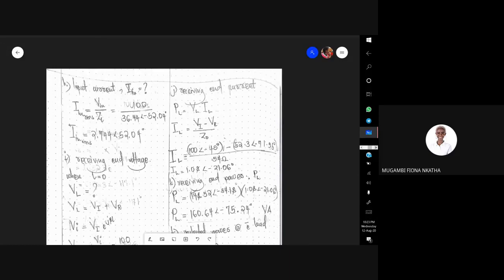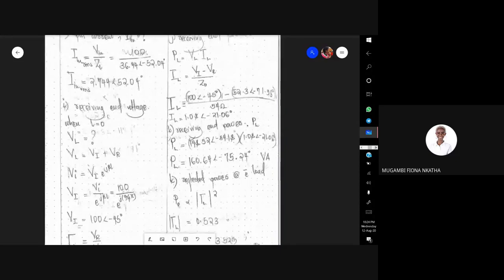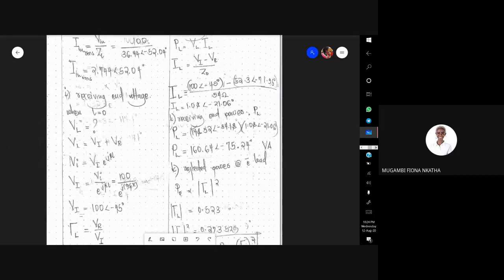Now receiving end voltage is when L is equal to 0, as I have just said. So VL, V sub capital L, is equal to the incident voltage plus the reflected voltage. Then you get that.